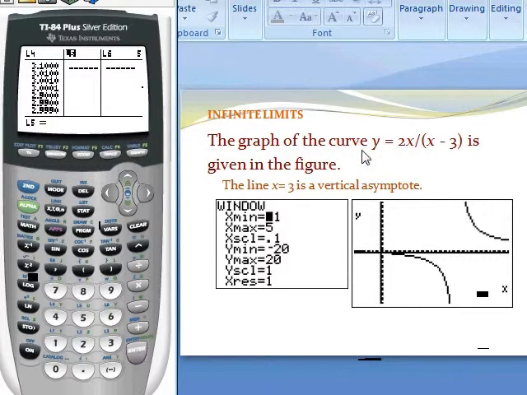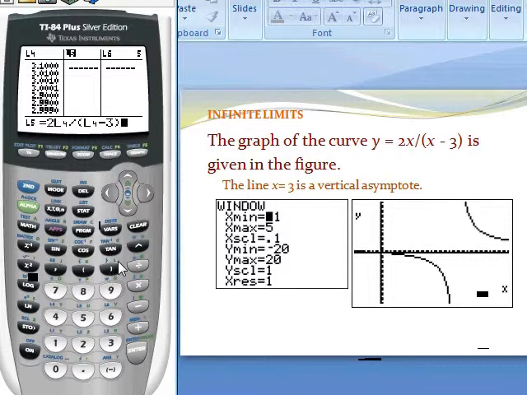You're going to put 2 times L1, where is L1? Right here, divided by, parentheses, L1, minus 3.